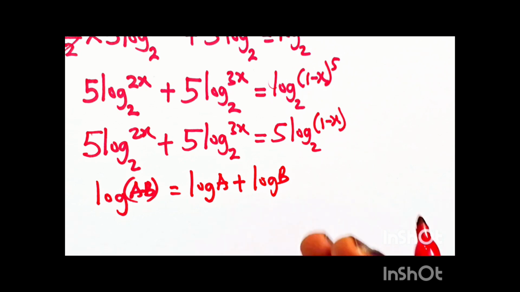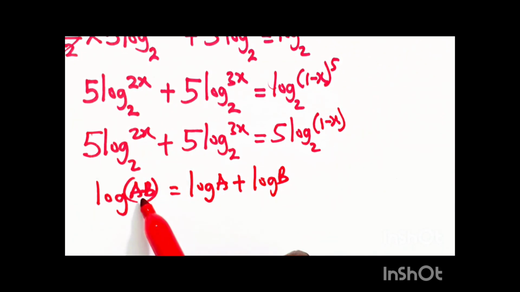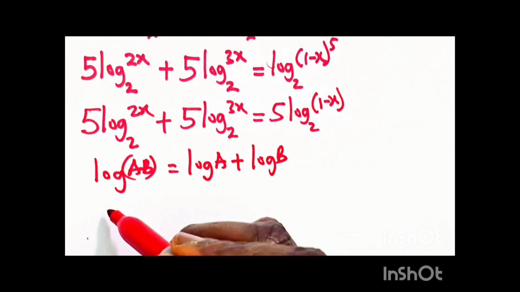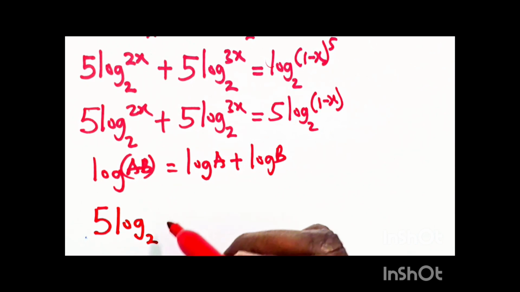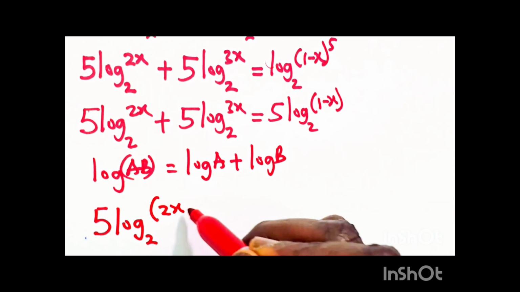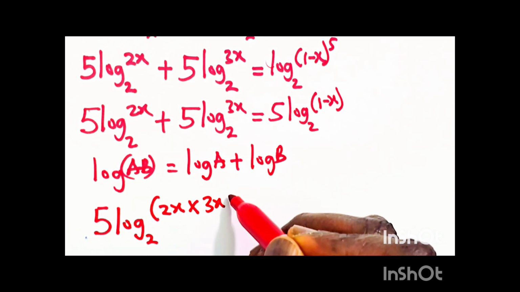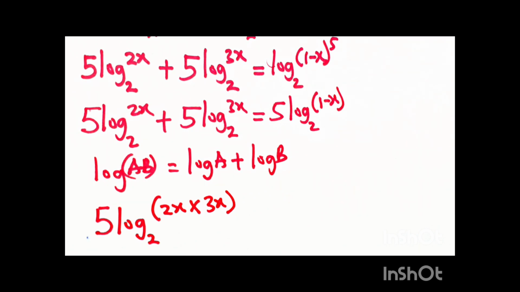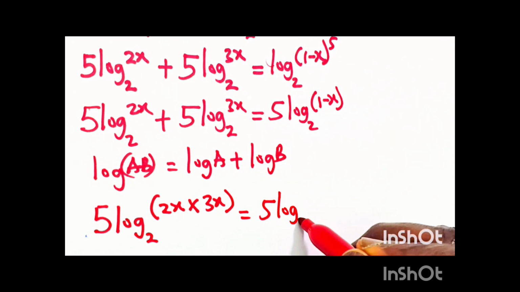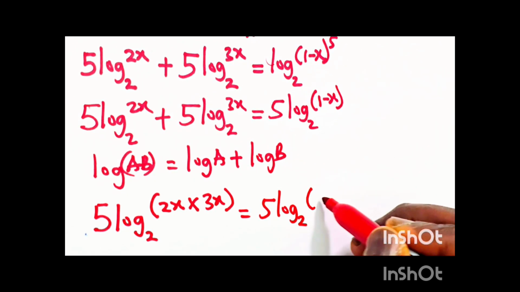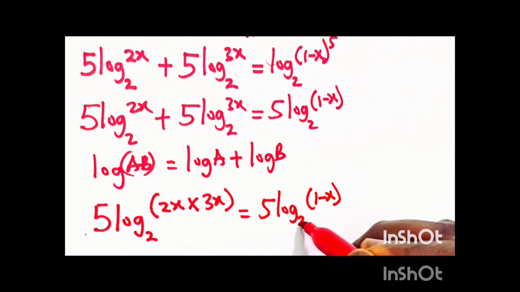So we can use that in the reverse way: this is a plus between them, so we can turn it to the multiplication law. And if you do that, we're going to have 5 log base 2 of 2x times 3x equal 5 log (1 minus x) base 2.